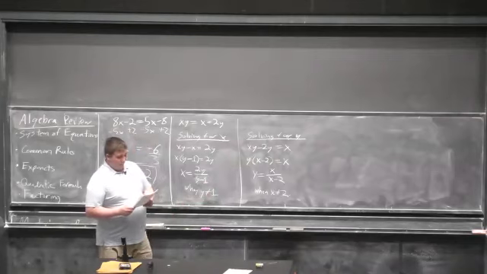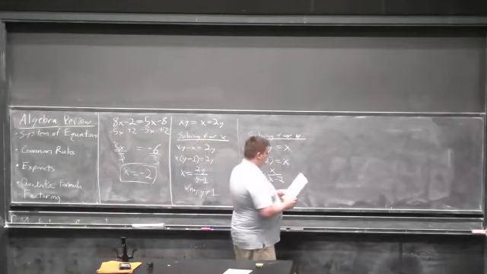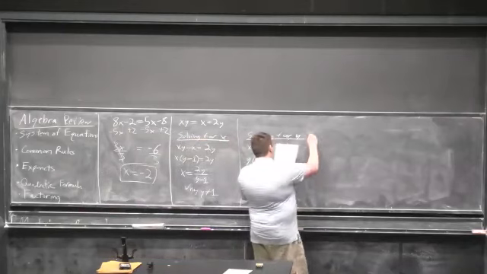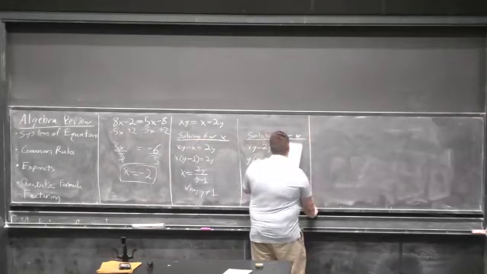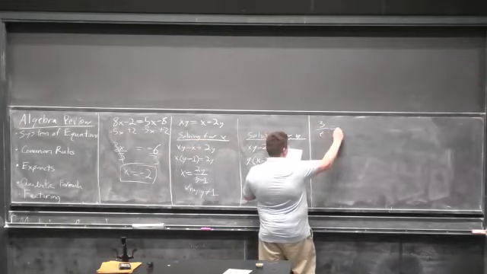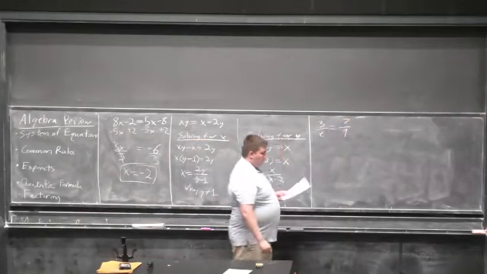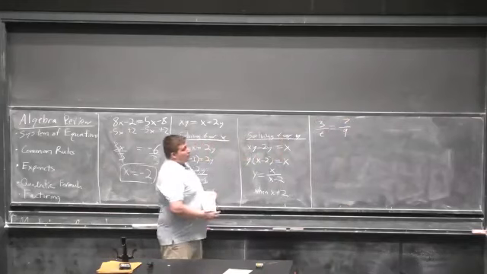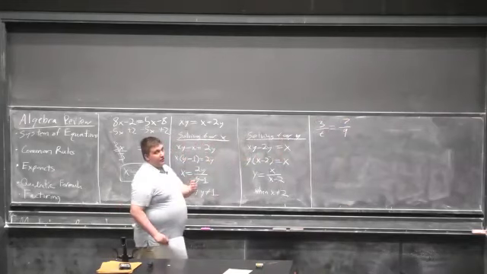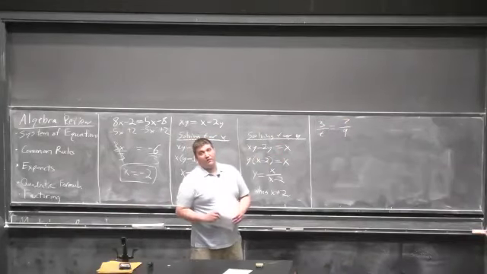Okay. Now, let's try to solve 3 over t is equal to 7/9. Since we have 3 over t, we can assume that t does not equal 0, because otherwise we're already starting off on the wrong foot.